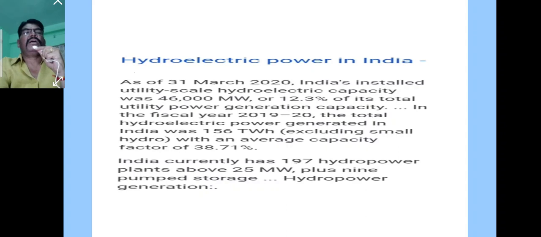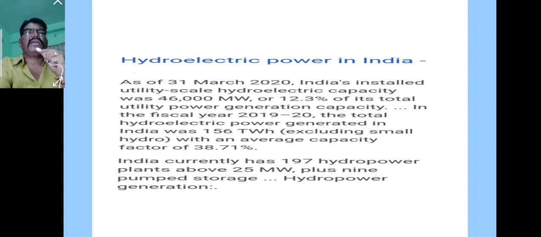Now the hydroelectric power plant scenario in India. As of 31st March 2020, India's installed utility scale hydroelectric capacity was 46,000 megawatts, or 12.3 percent of its total utility power generation capacity.